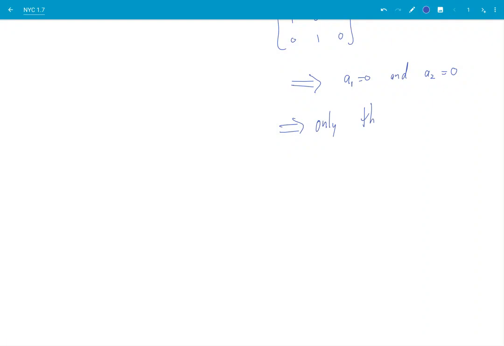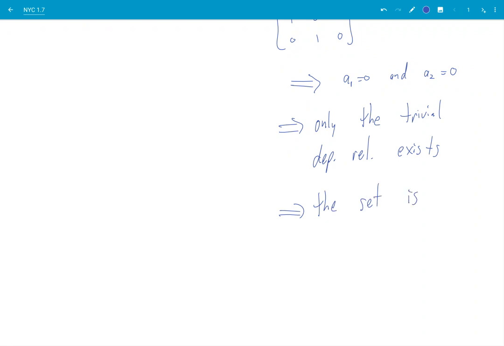So only the trivial dependence relation, we'll say, exists. Therefore, the set is independent. This is the definition.